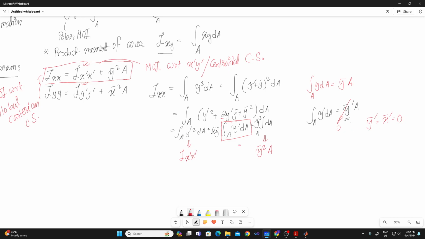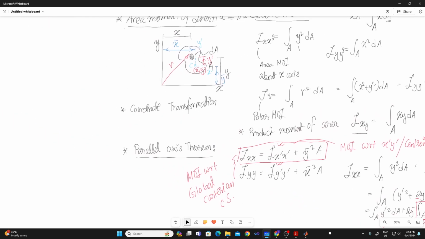Okay, and if you substitute that and make this quantity 0, what you would be left with is the statement that you wish to prove, that I x prime plus y bar squared times A equates to Ixx. Now please remember, this is only a coordinate transformation between two parallel coordinate systems. First of all, two parallel coordinate systems, of which one of them is a centroidal coordinate system.